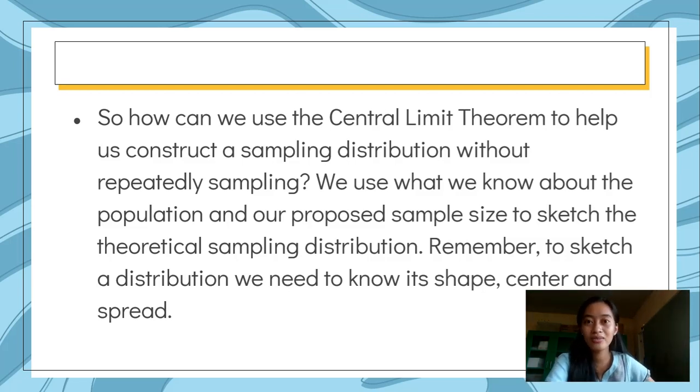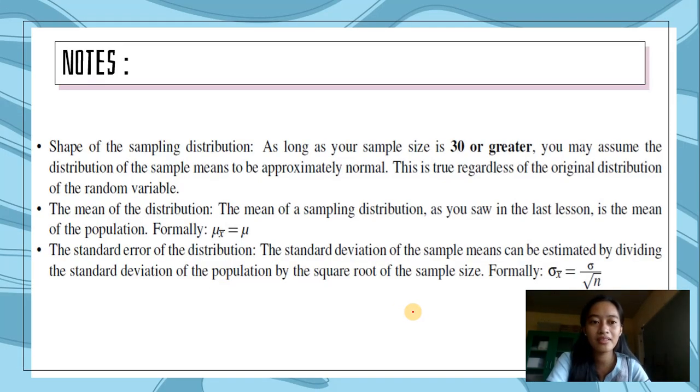Because we cannot do a survey as big as a census all the time, we just have to get representative samples. So we use what we know about the population and our proposed sample size to sketch the theoretical sampling distribution. So we will just try, as much as we can, to make it representative.